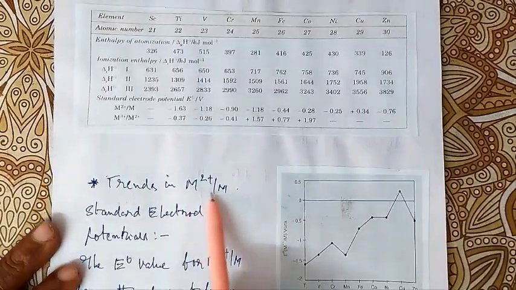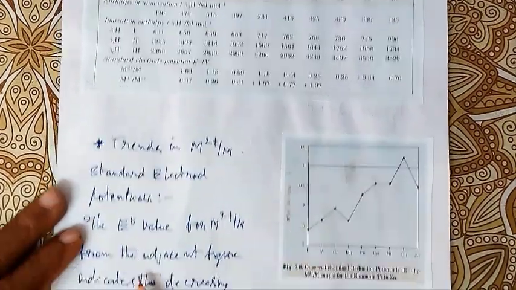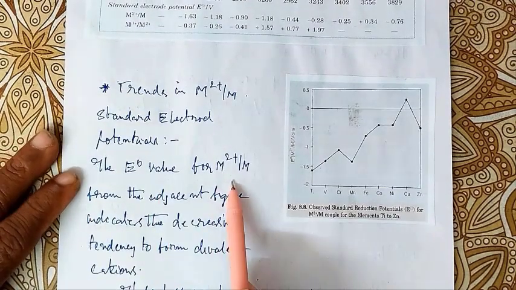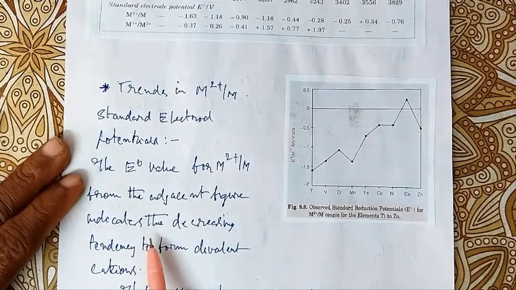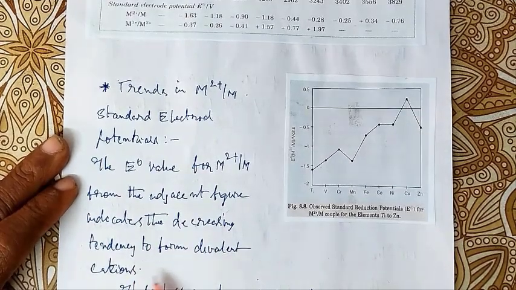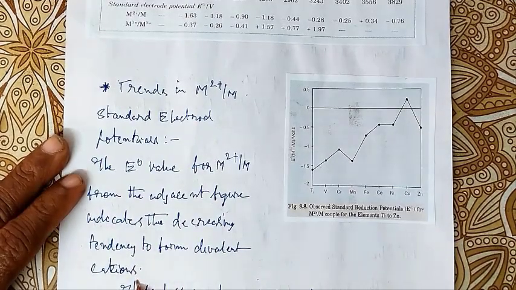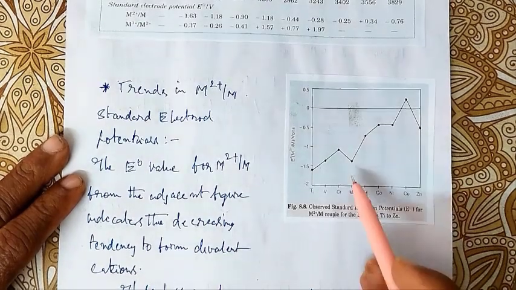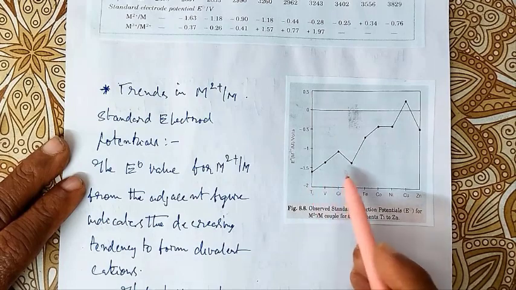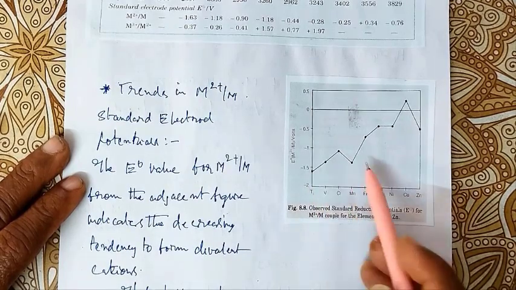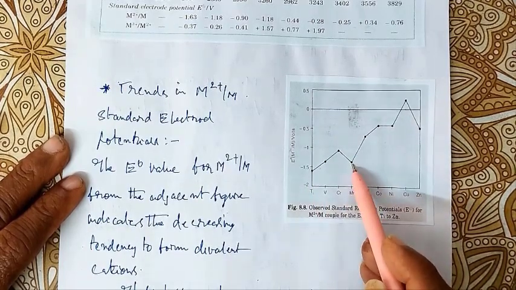Trends in M2+/M standard electrode potentials. The E0 values for M2+/M from the adjacent figure indicate the decrease in tendency to form divalent cations. See here, for titanium, electrode potential is least, whereas vanadium it is more, chromium it is more, manganese is least.